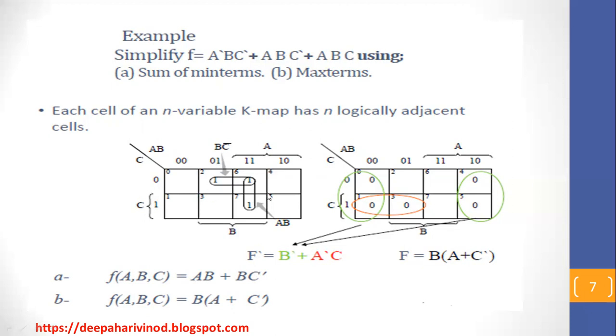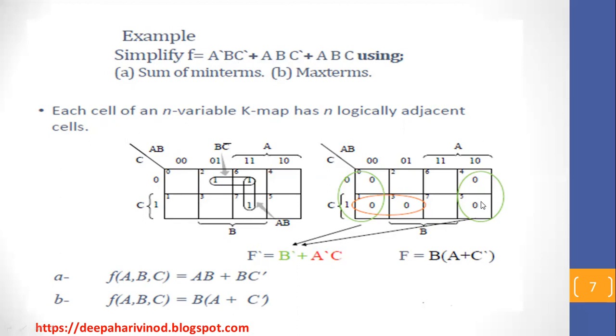So these two can be grouped together and these two can be grouped together. That is B C bar, and for this it is AB. Now, once we mapped this in SOP, the rest will be filled with 0, isn't it?